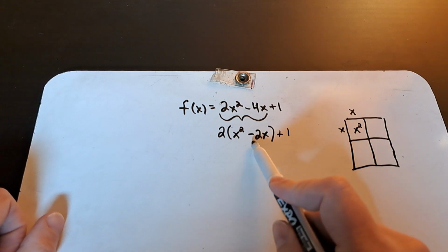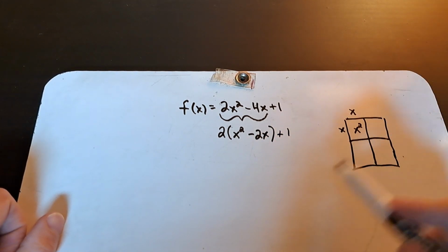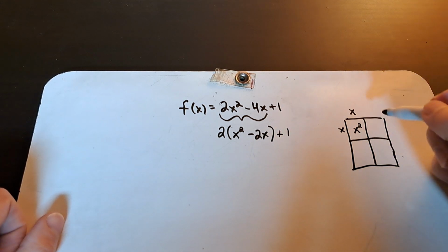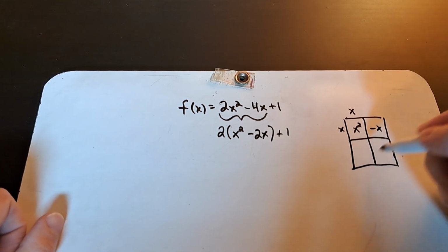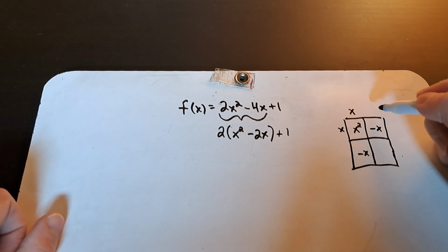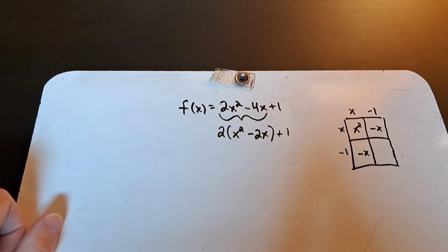And what I need to do is take this second term and split it within 2 boxes. Well, to split negative 2x in half, I'm going to get negative x and negative x here. And in order to get the area of this box to be negative x, well, x times negative 1 is going to be negative x, and x times negative 1 here is negative x as well.